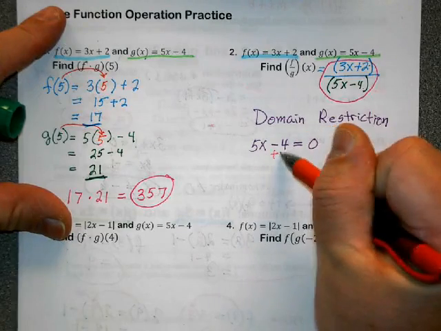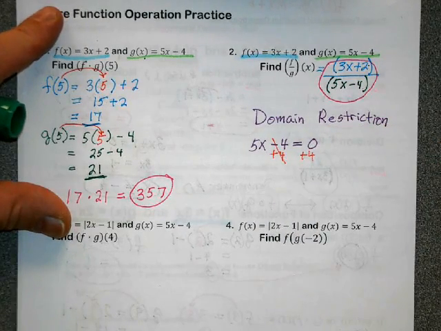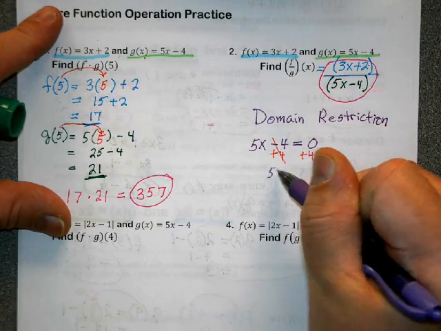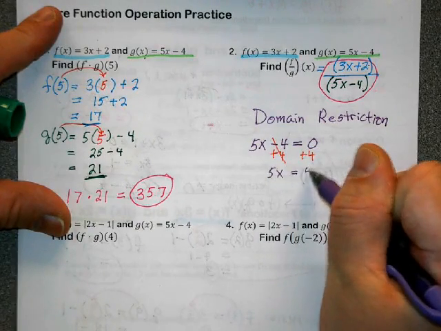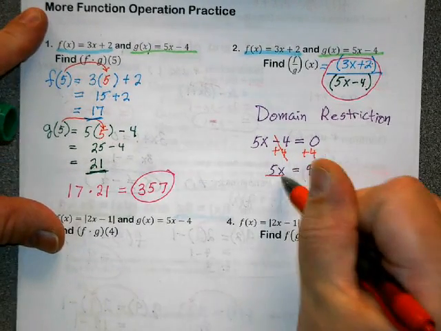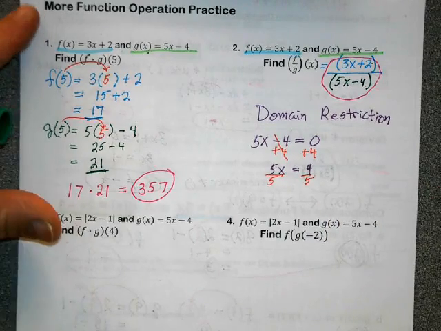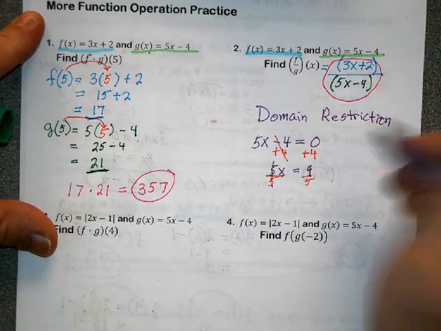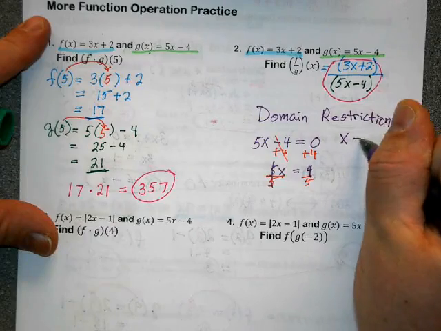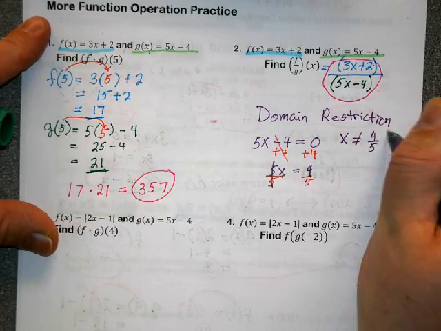I have 5x equals 4. Divide by 5. So our domain restriction here: x cannot equal 4/5. Don't forget, when you divide, you need a domain restriction.